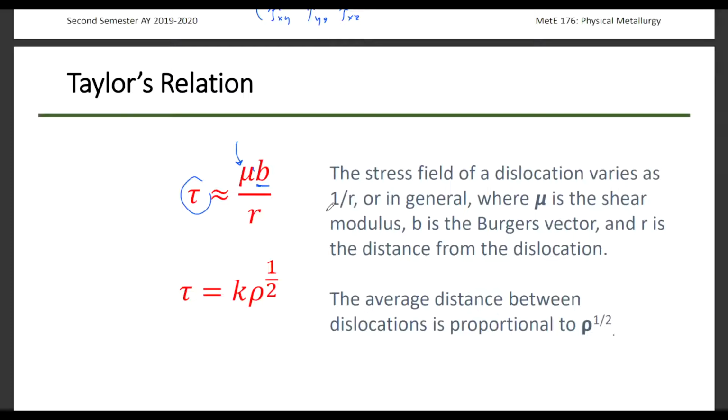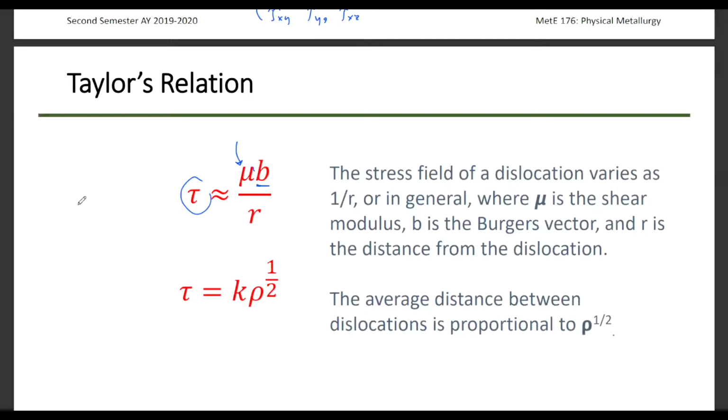This b right here is the Burgers vector, and over the distance R, no? So this makes sense, kasi kung mas malayo ka sa dislocation, then dapat mas hindi ramdam yung stress na nai-introduce mo.